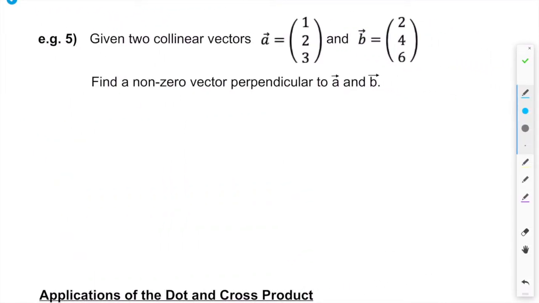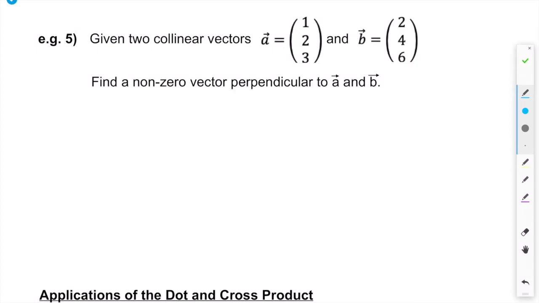So going to example 5. Given two collinear vectors A and B, find a non-zero vector perpendicular to A and B. So today we have seen that, well, if we have two vectors, the easiest way to find a perpendicular vector is to find a cross product.